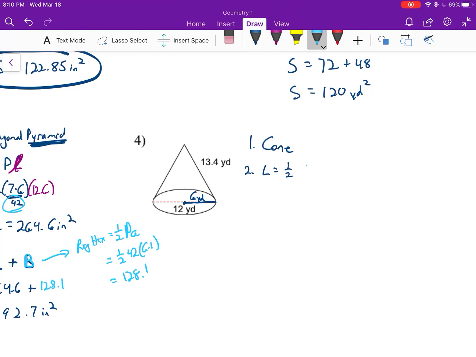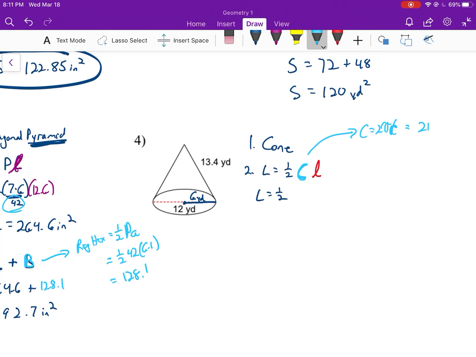So let's use a C for circumference, or perimeter, times its slant height. And so lateral area equals 1/2 circumference. Circumference is 2 pi r, which in this case r is 6.